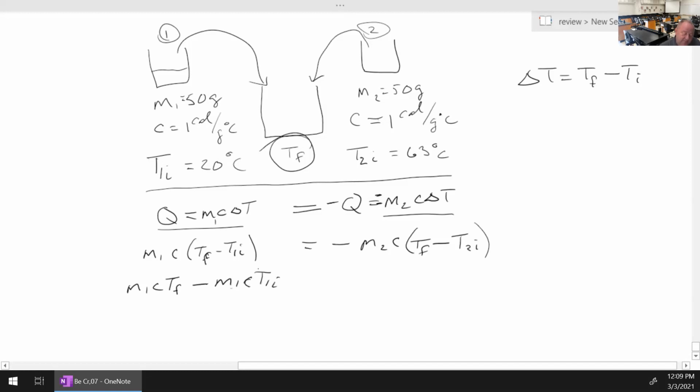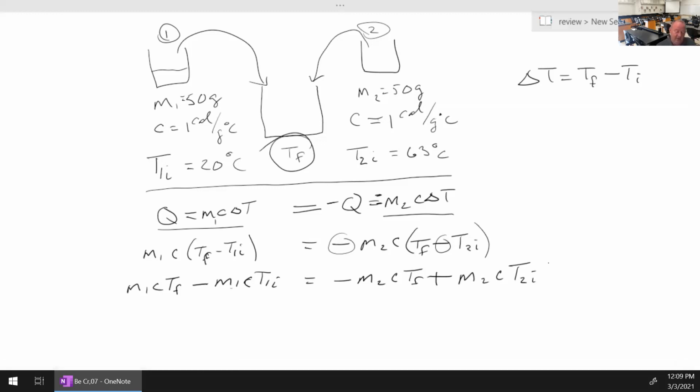And that's going to be equal to minus M2C TF. And we've got a minus sign here and a minus sign here, so that makes it a plus M2 C T2I.